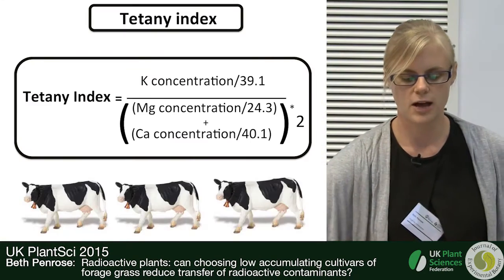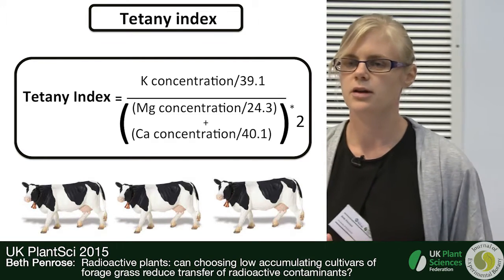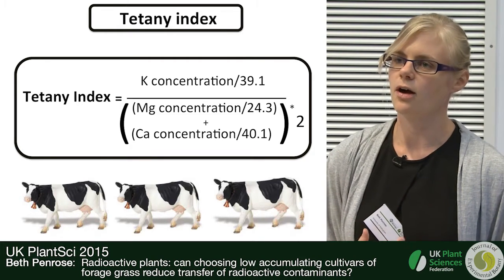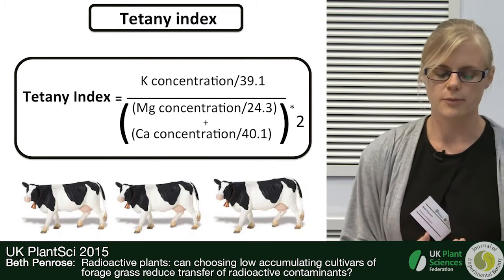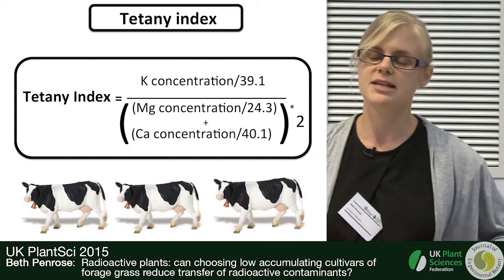Well, I don't know how much you guys know about livestock production, but cows and sheep can get something called grass tetany, which is basically where they have hypomagnesia. They don't have enough magnesium.